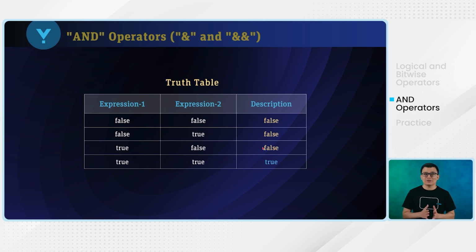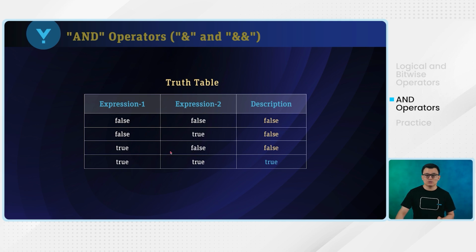The only time that the logical AND and bitwise AND operator will return us true is when both of the expressions are true. So when you use this AND operator, doesn't matter if it's a logical AND or bitwise AND, there is a 75% chance that you will end up getting false.